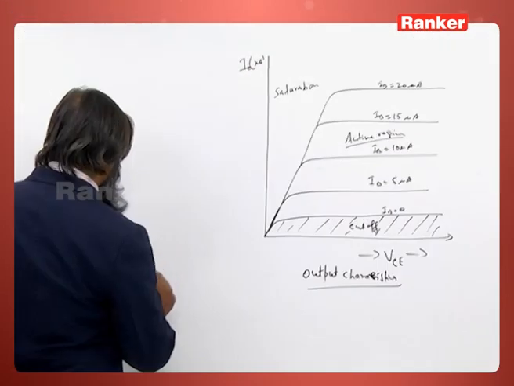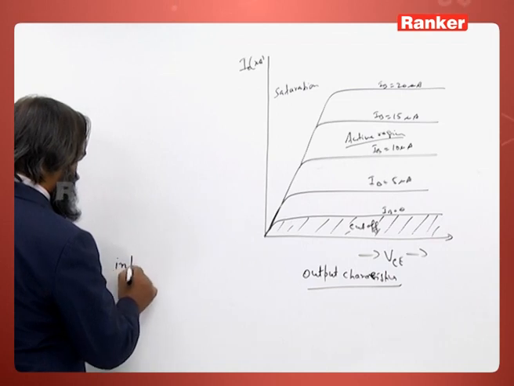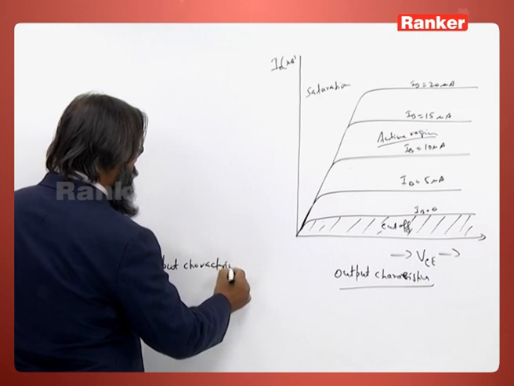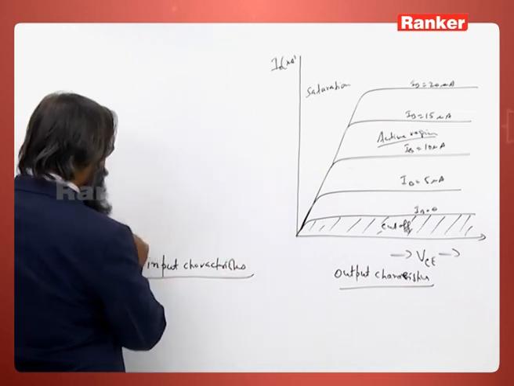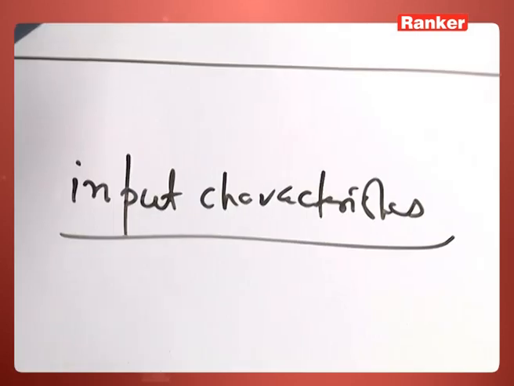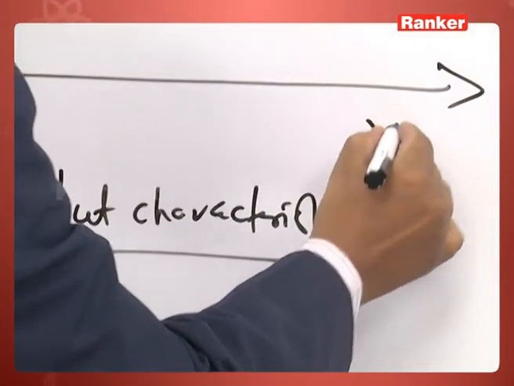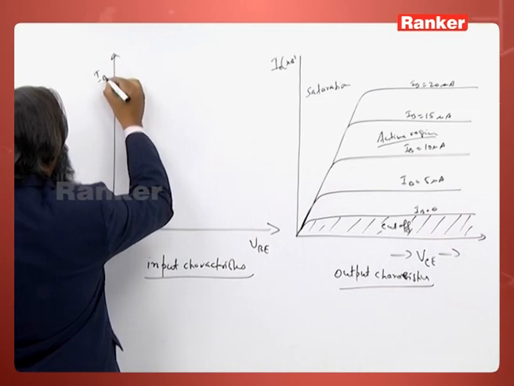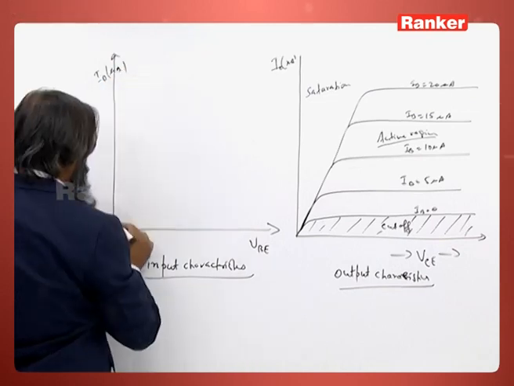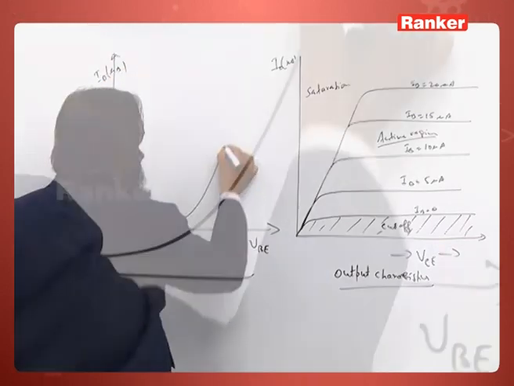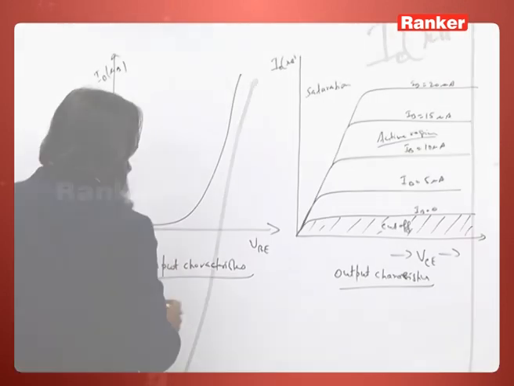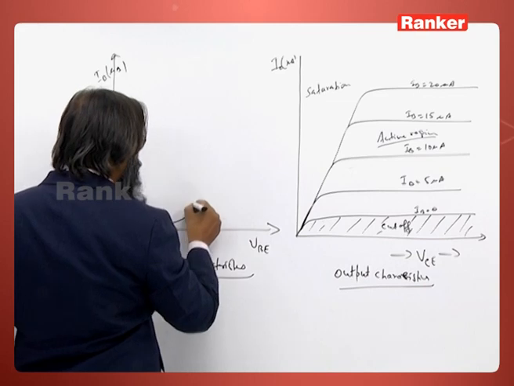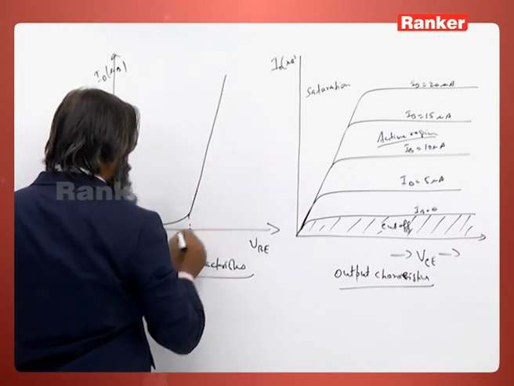Let us summarize it, the input characteristic. In input characteristics we have plotted VBE with IB in microamperes, and the current was linear. Here the current increases and then it reaches this linear part.